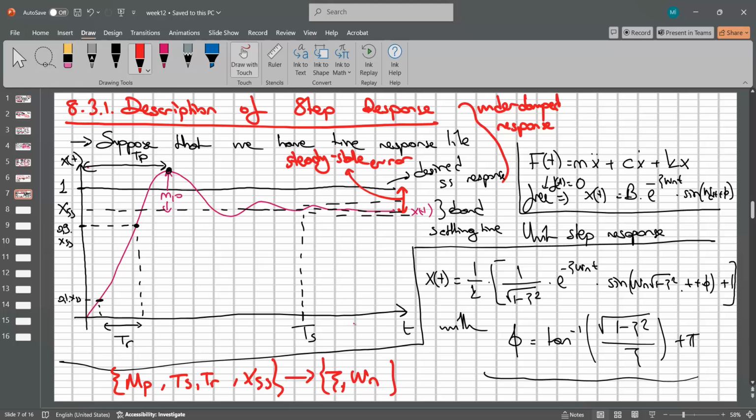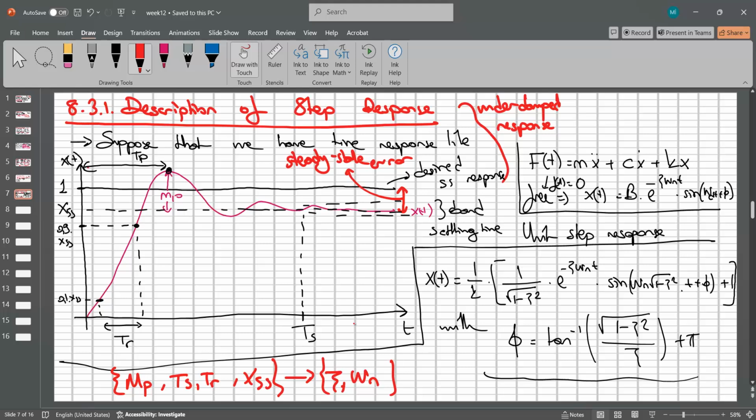But how can we derive the maximum overshoot or the rise time or the settling time for a given signal? Okay? If you apply a unit step to any system, DC motor or hydraulic system or some other system dynamic form, we will have this kind of output.